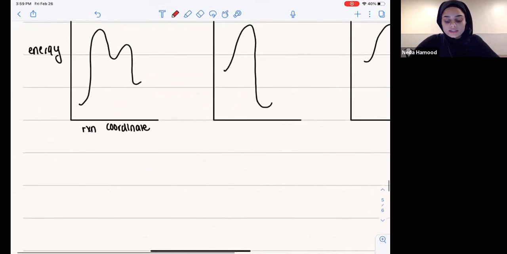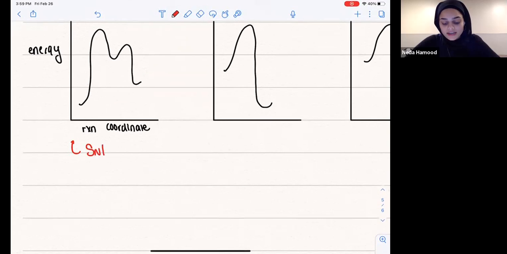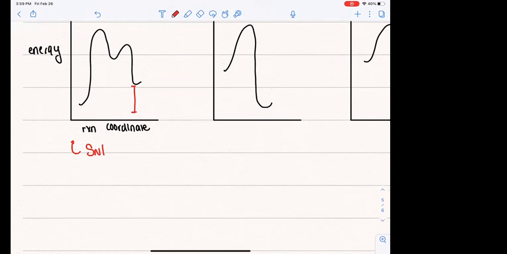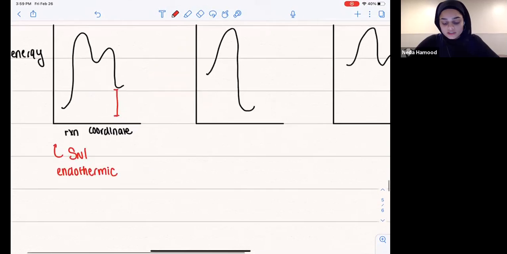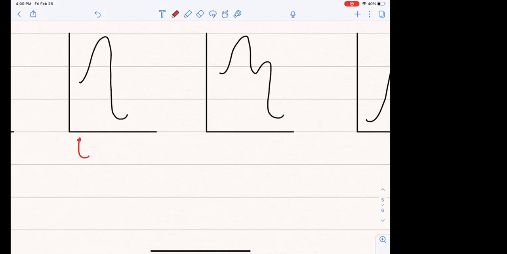What does this look like? First of all, is it going to be SN1 or SN2? SN1, yep. But is this endothermic or exothermic? Endothermic, yep. Then over here, we have one step. So what is that going to look like? SN2, yep.